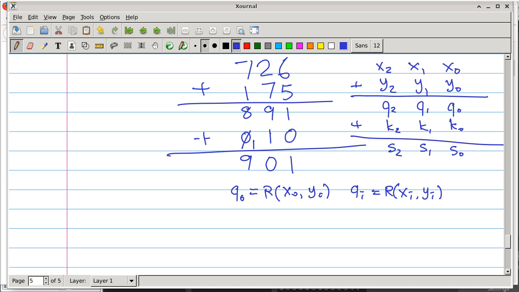K0 is assumed 0. Okay, so we'll just write it here. But K1 is a little bit tricky, don't you think? Because who can contribute to a non-zero K1, which is this guy here? There are 2 sources, aren't there? Because one source is these 2 added together.